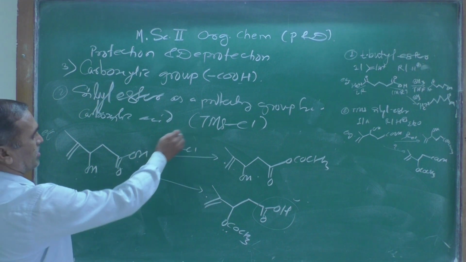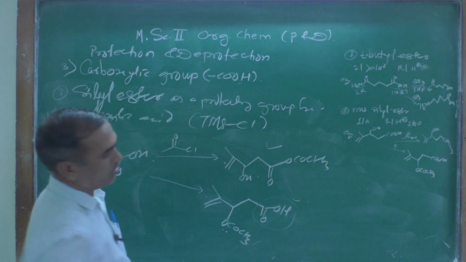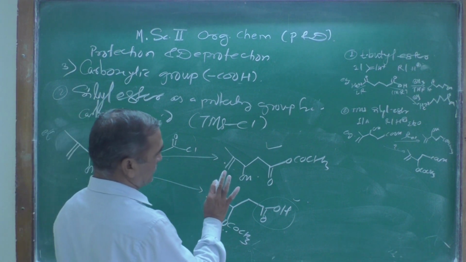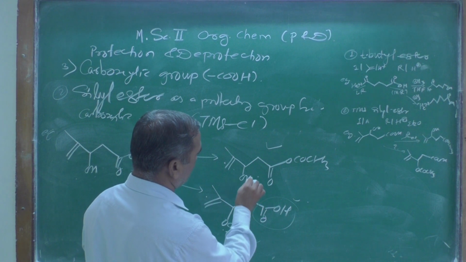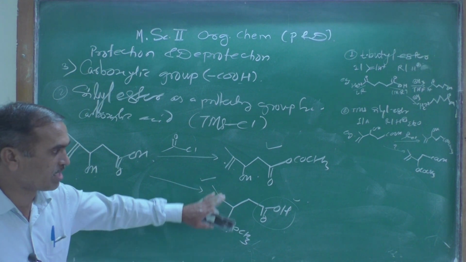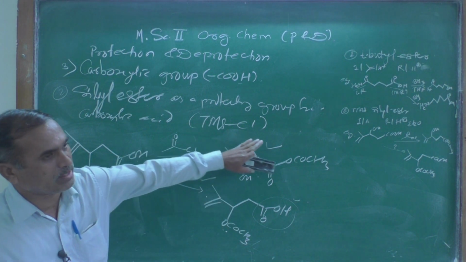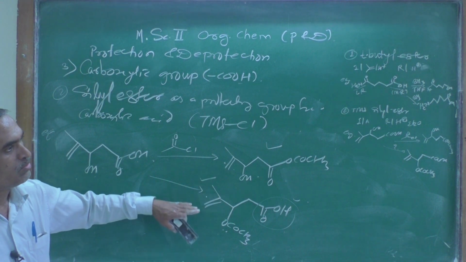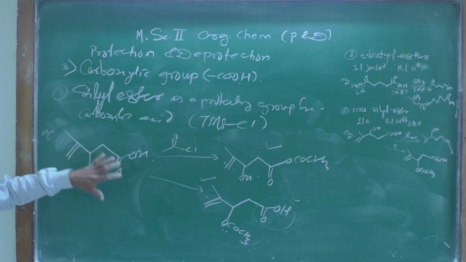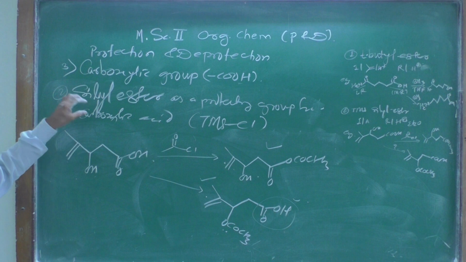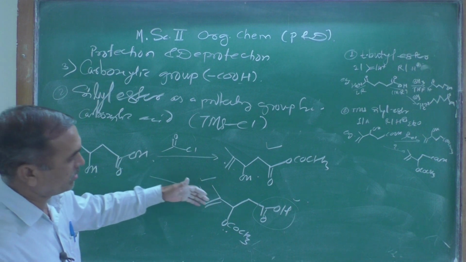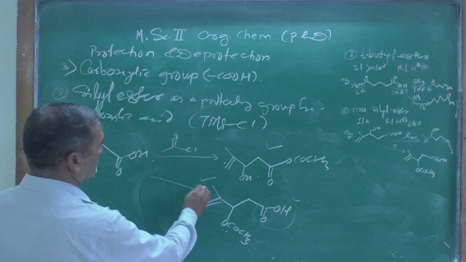If you use acetyl chloride, you will get the straightforward product of the other type, but we require this one. This is our desired product. To synthesize it, we don't require the other product. So how will you prepare this compound? The answer is that we can use a silyl ester as a protecting group, so that we get our desired product.